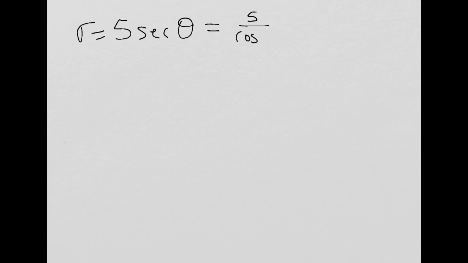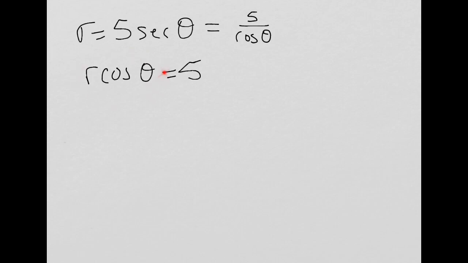So if I wanted to try just r equals 5 secant theta, well, that's going to be the same thing as 5 over cosine theta. Now if I multiply both sides through by the cosine, I get r cosine theta equals 5.